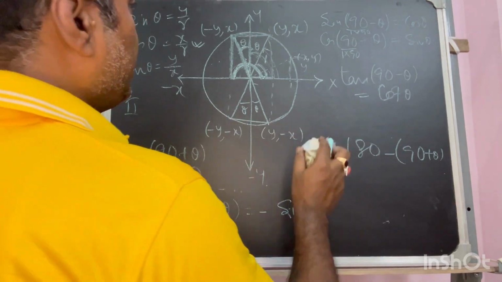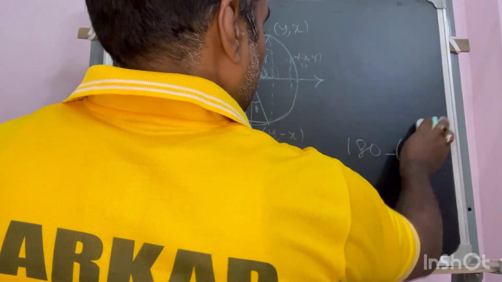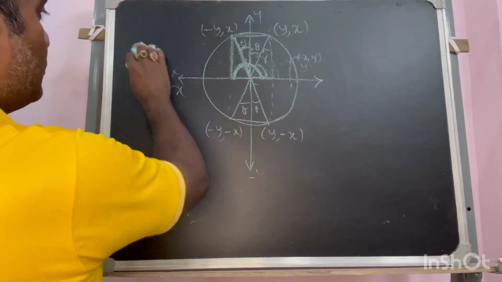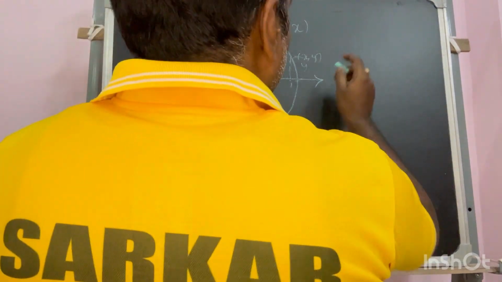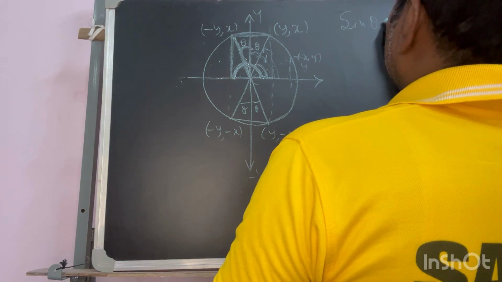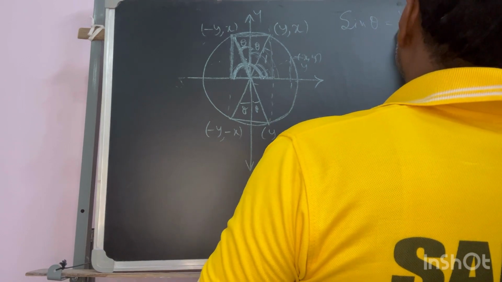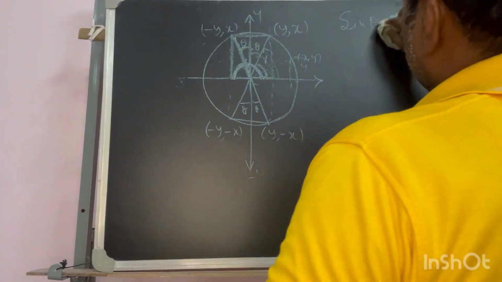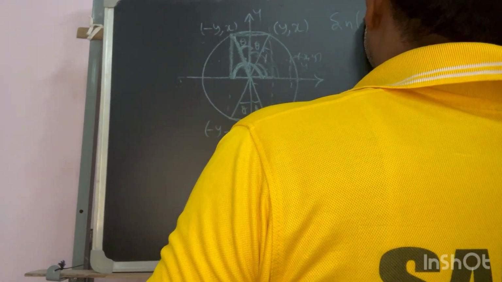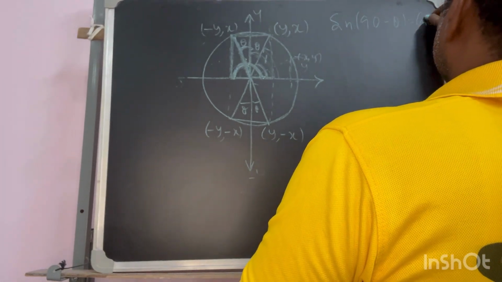So let me take it like that. If I try to generalize the formulas that till now I have explained. In the first coordinate, sin 90 minus theta is equal to cos theta.